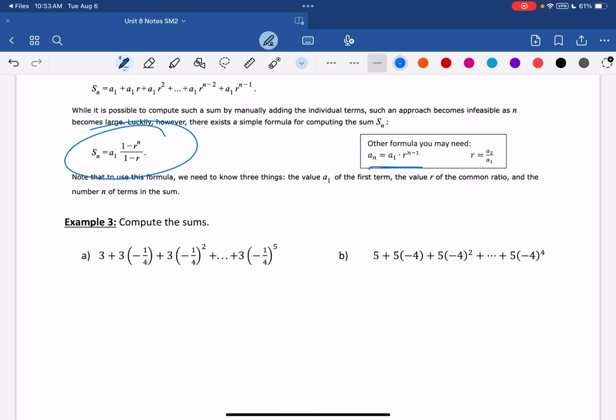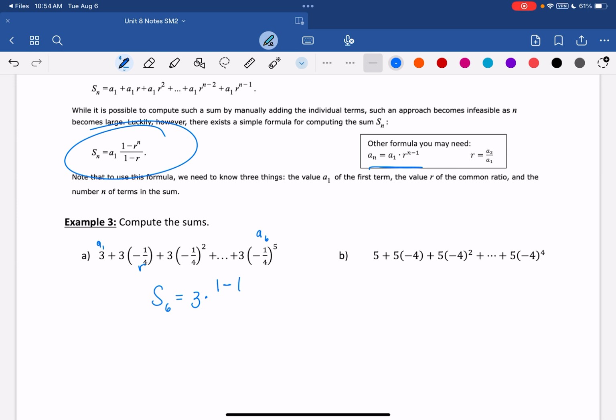So this is our first term. This is our R value. And this is our a sub 6, because our formula is always n minus 1. So that's our sixth term. Okay, so the sum, there's 6 terms. So it is a sub 1, which was 3, times 1 minus our R value to the nth.